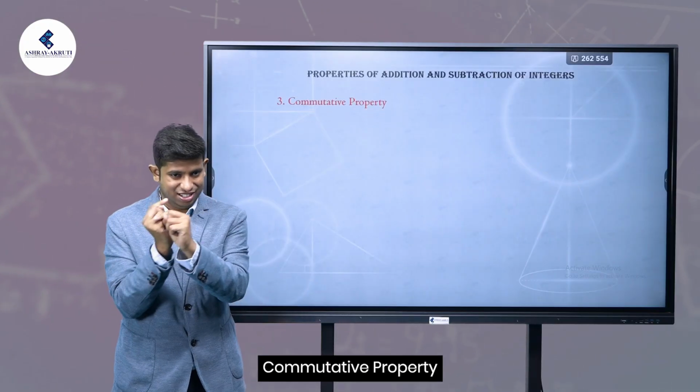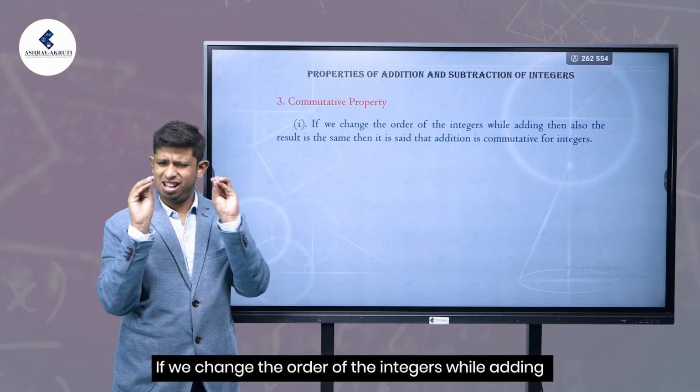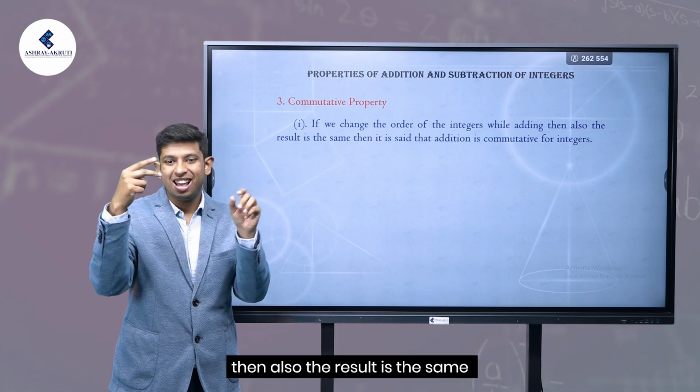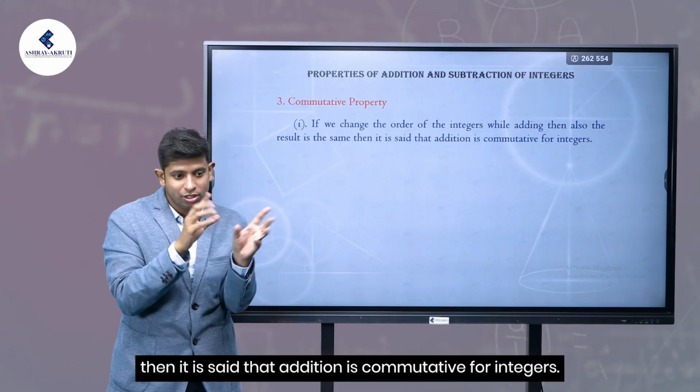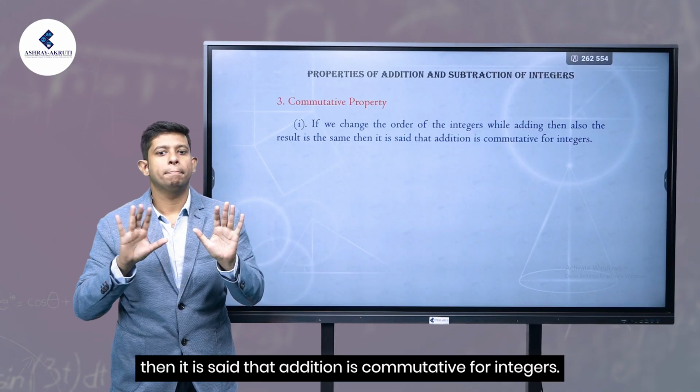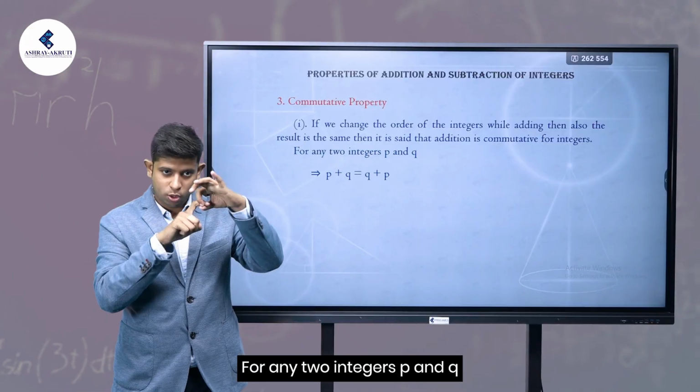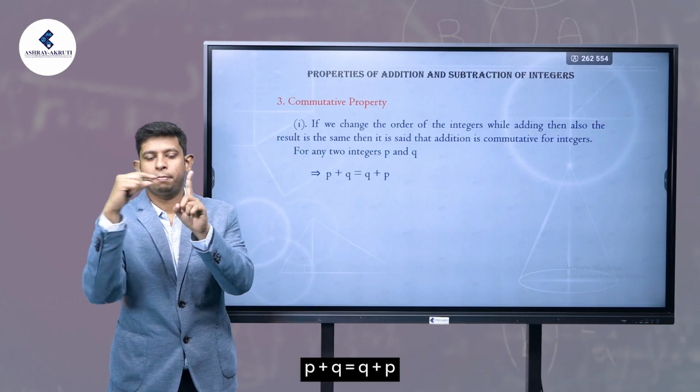Commutative property. If we change the order of the integers while adding, and the result is still the same, then it is said that addition is commutative for integers. For any two integers p and q, p plus q is equal to q plus p.